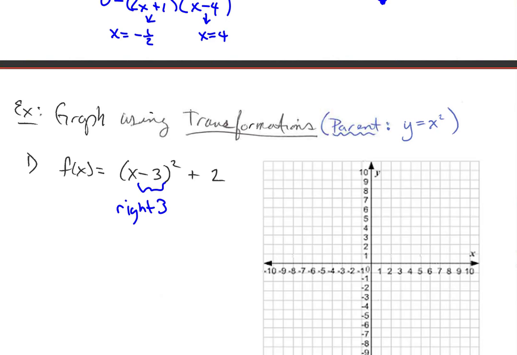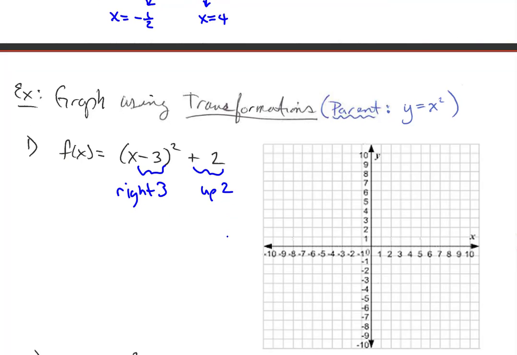And then the plus 2 at the end would move things up 2 units. So this is the language of transformations. Of course, this function is given in vertex form, and so that's useful as well to understand, as we've been discussing above. But let's go ahead and do a couple things with the graph now.